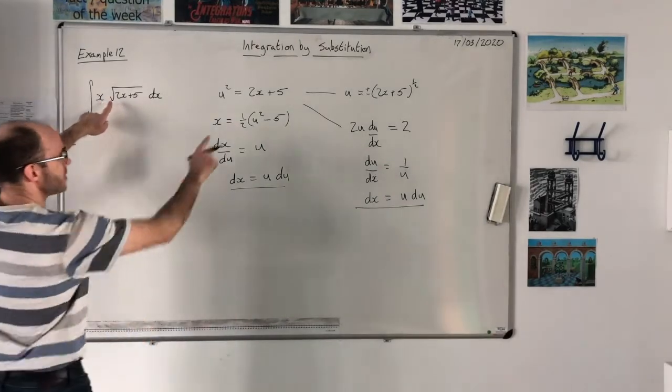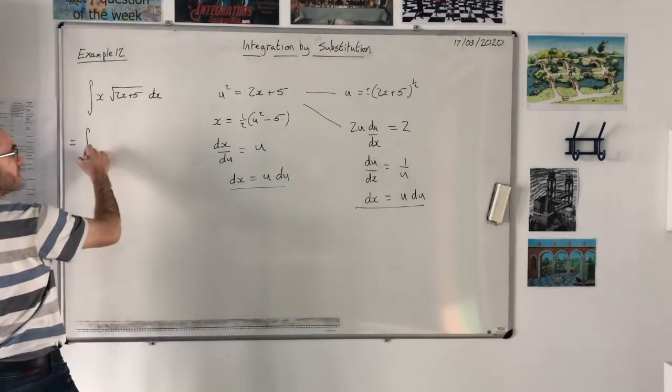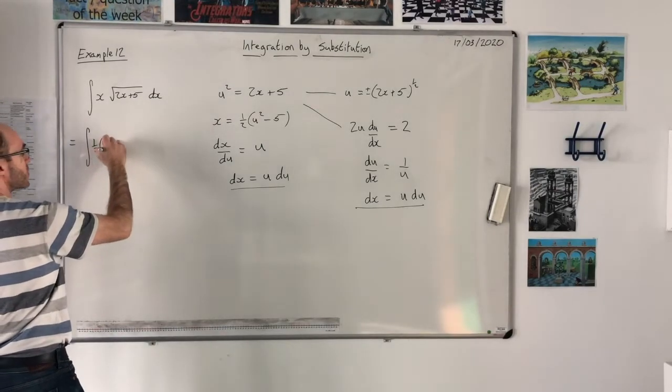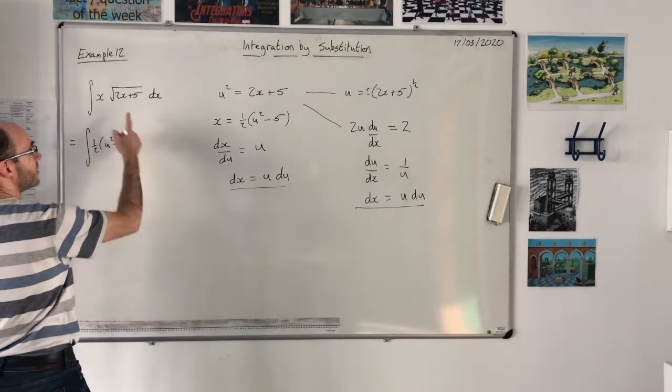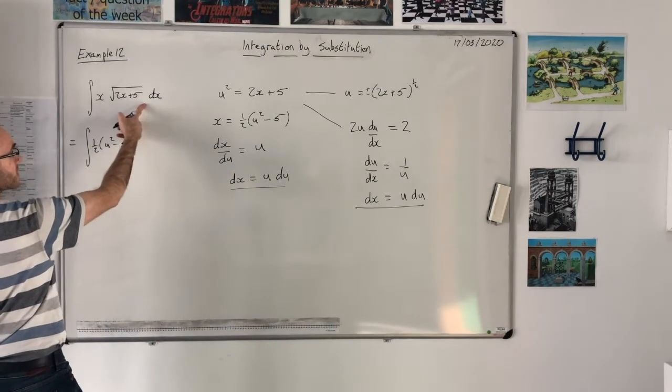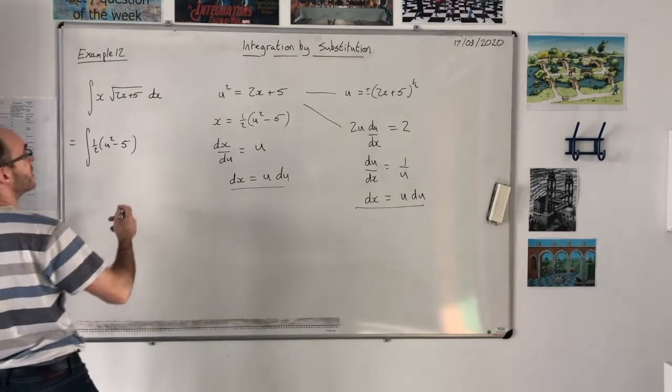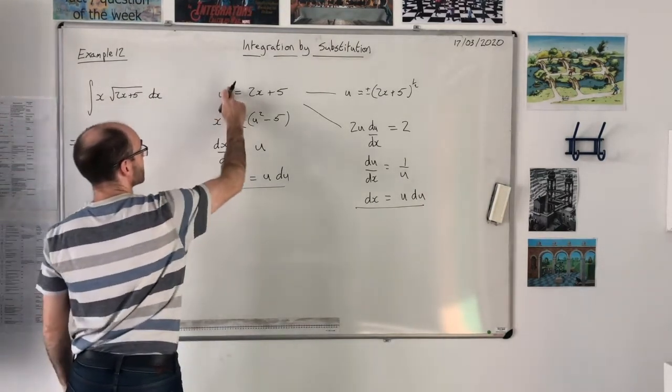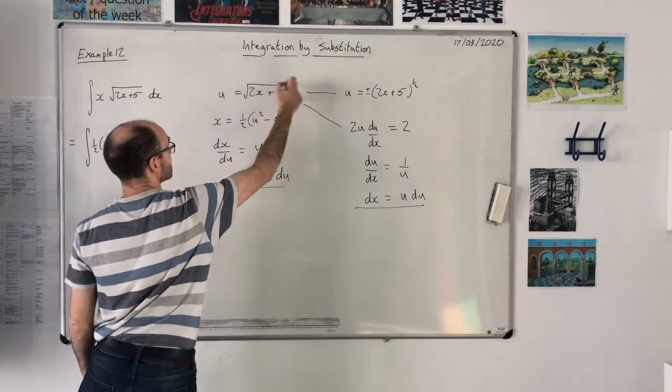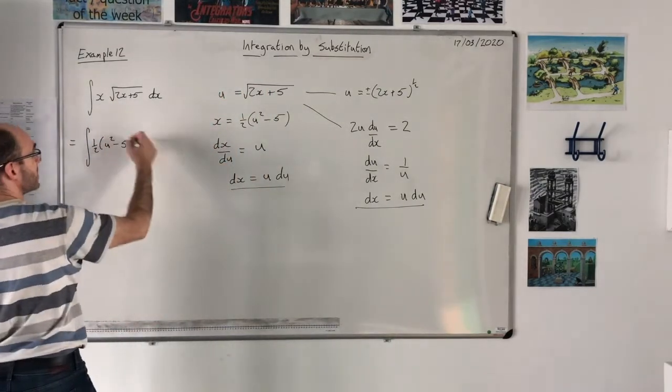Here, I've already rearranged that, so that's going to be a half (u squared subtract 5), and then here, can you see what it's going to be? If you've got u on its own, you would have root 2x plus 5, so that's just going to be u.